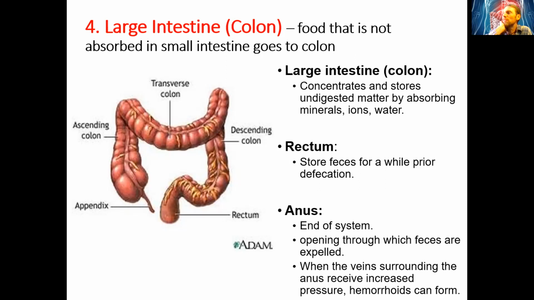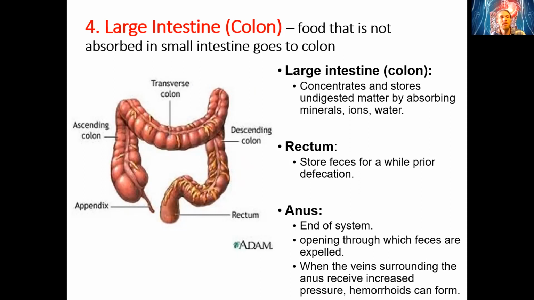The colon itself, the large intestine, has three parts. In fact, four if you take into account the appendix. So it's the appendix, the ascending colon, the transverse colon, and the descending colon. It's because this one goes up, this is transversal, and this is descending. If you would look at yourself, it looks a little bit like this in your belly, it goes like this more or less, and then it's connected to your rectum and to your anus.